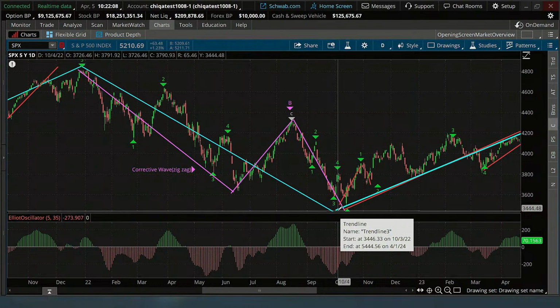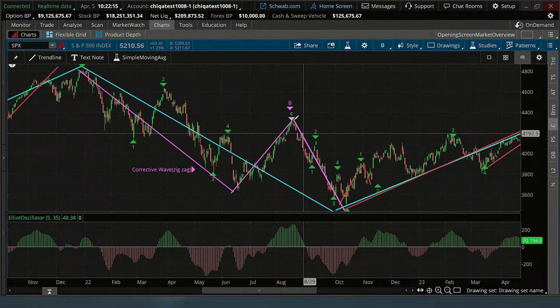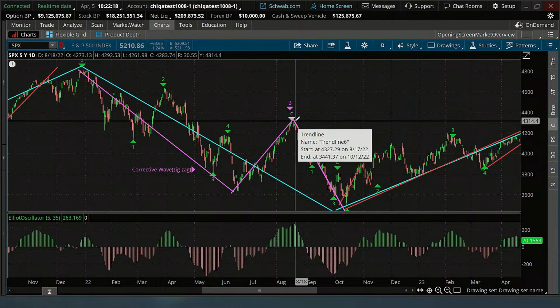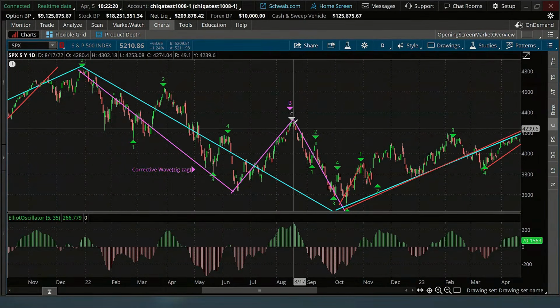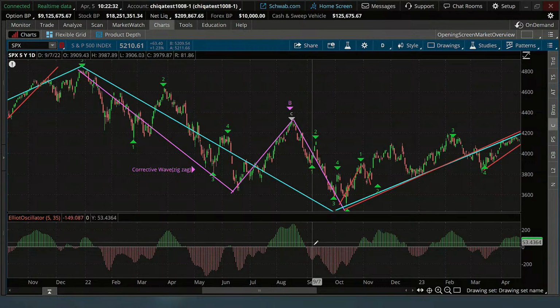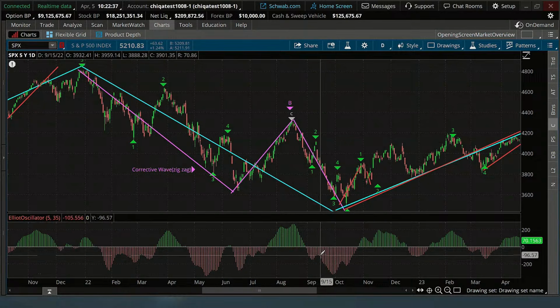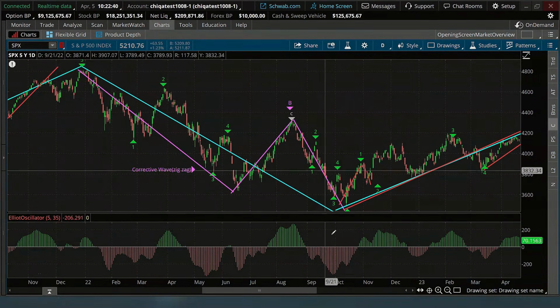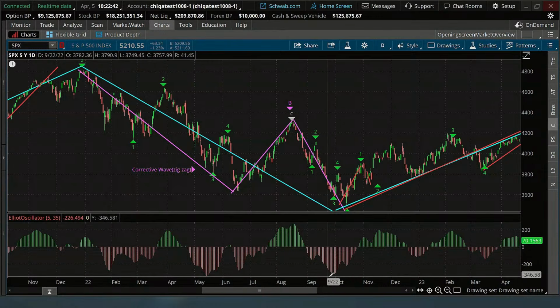This is C. So C is a wave in the direction of the correction, so we should be able to divide it into 5. And we can. And you can see how the Elliott oscillator helped us with that, right? Here was the top of wave B, and then here's 1 at the bottom. 2 is when it goes up a little bit. 3, notice it is the biggest drop in here.